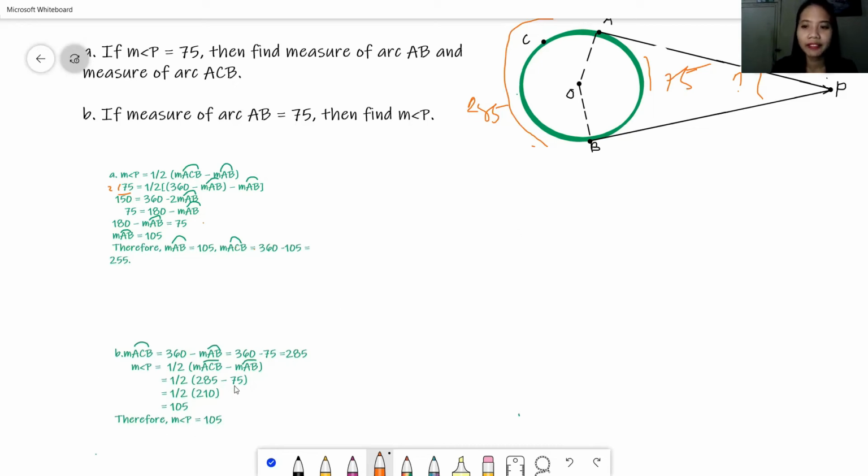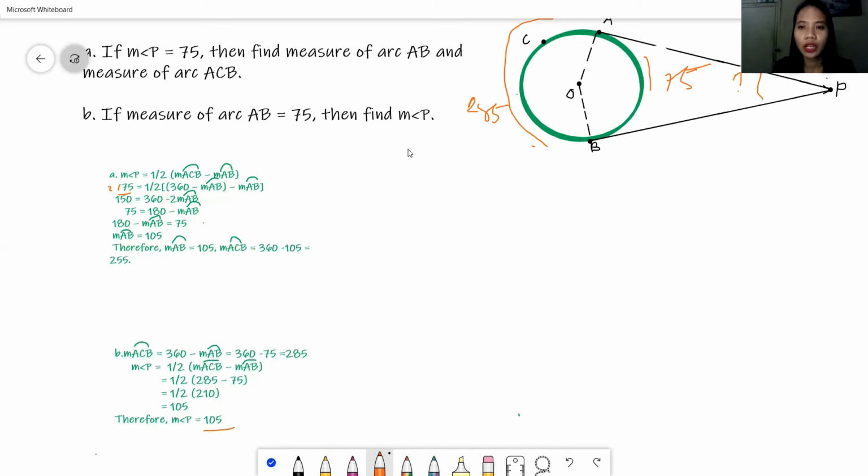So 285 minus 75 is equal to 210. So 210 times 1/2 is equal to 105. So now the value of our angle P is 105.